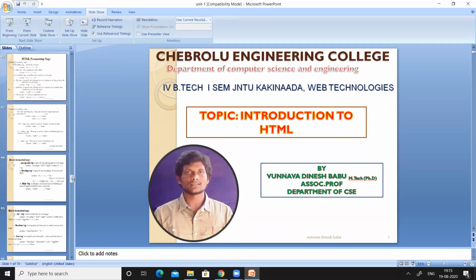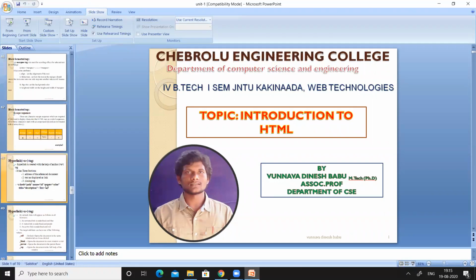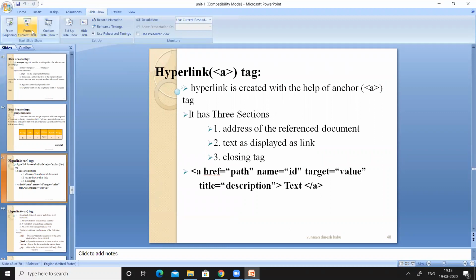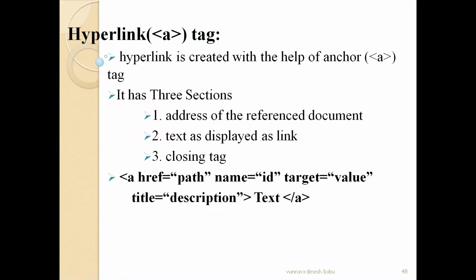When we want to create a link in HTML, we have to use a tag called the anchor tag, which is specified by A. This anchor tag consists of 3 sections. The first section will be the address of the referenced document.